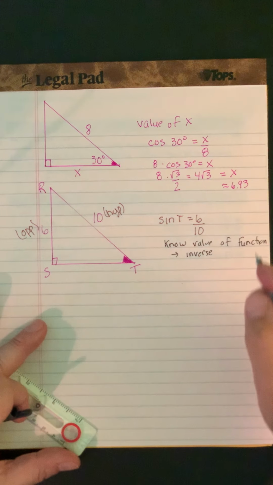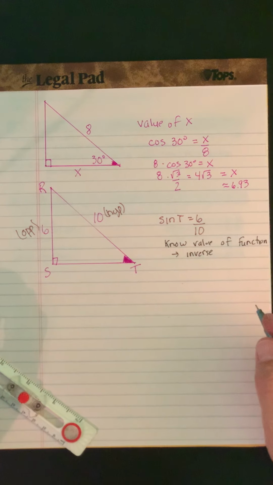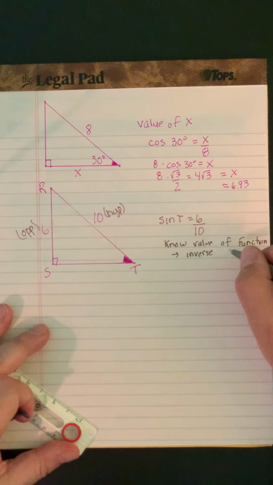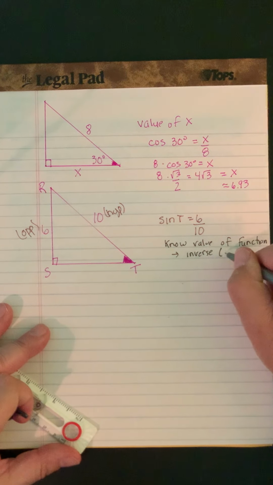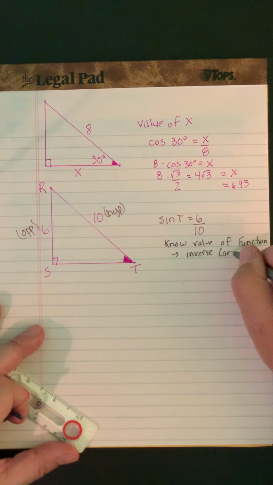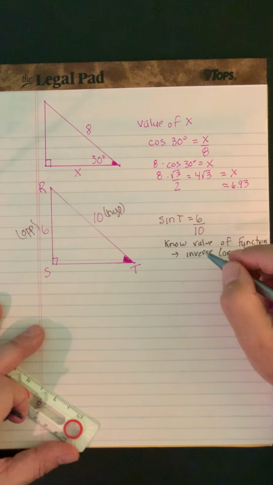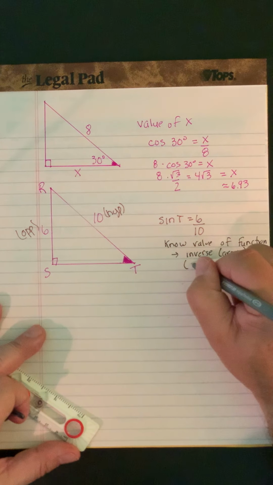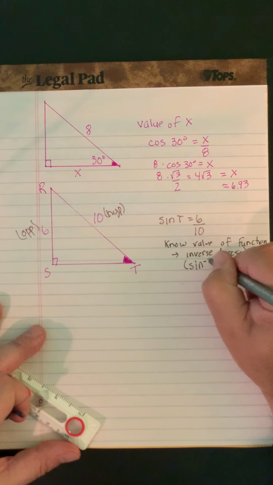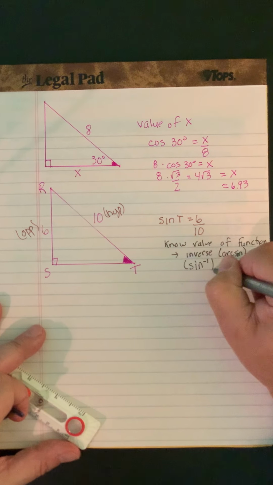Sometimes it's called the arctan or arc sine or something like that on some calculators. So it might be like arc sine. But anyway, that's the little button on the calculator that is sine with a -1 on it.